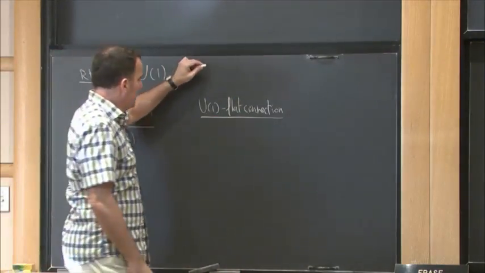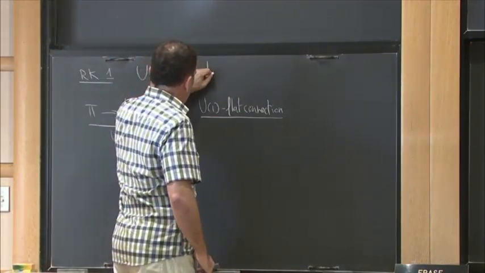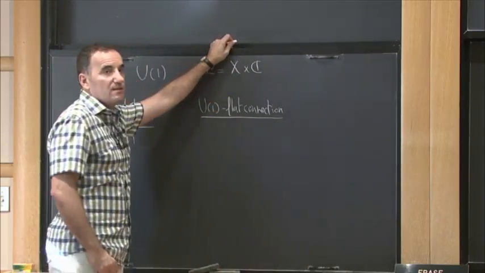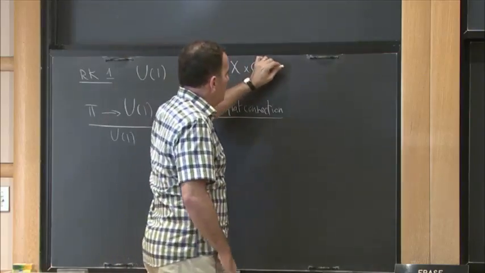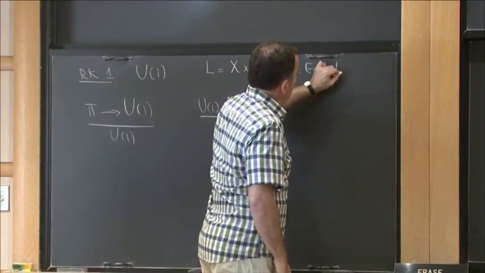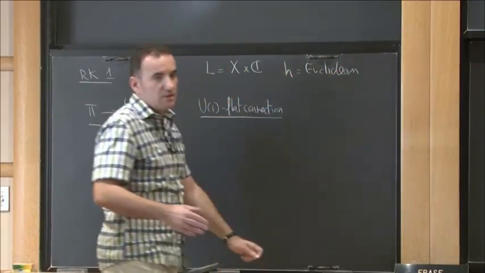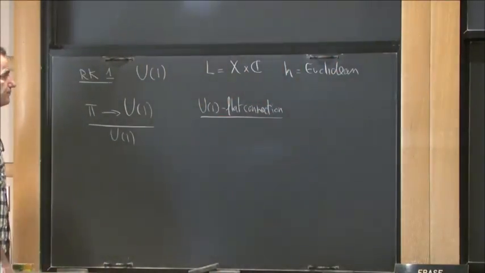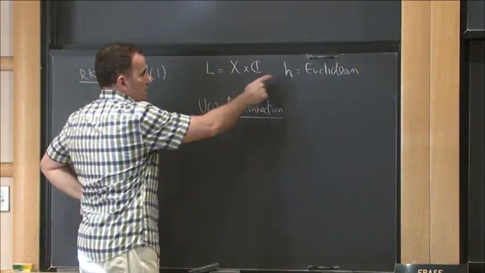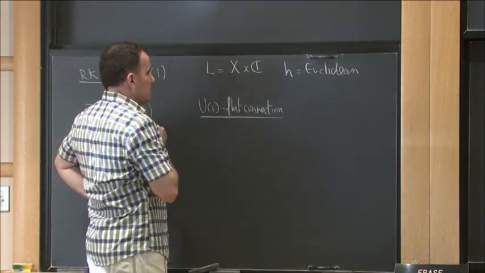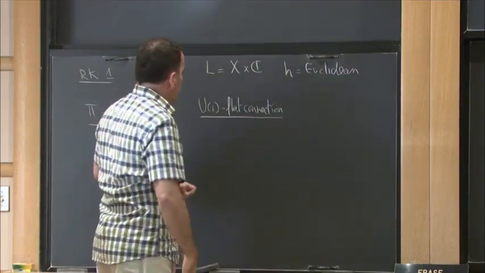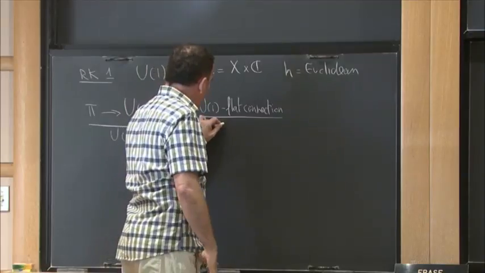Now, in the background, I should say that I fixed this complex line bundle, the trivial complex line bundle, with a trivial metric on it, with the natural Euclidean metric on every fiber. So it makes sense to talk about the U1 structure, because I'm going to respect this metric. And then I take the U1 structures which are flat, and I mod out by gauge equivalence.